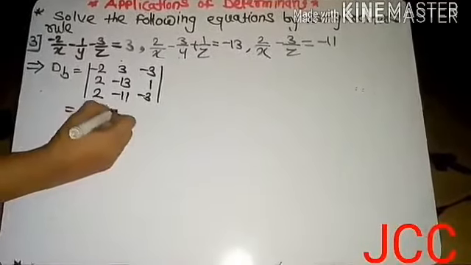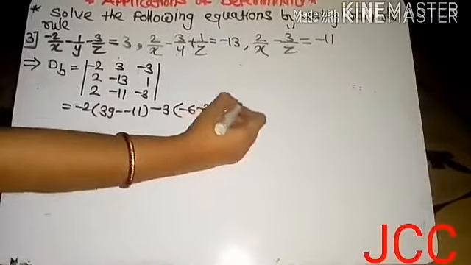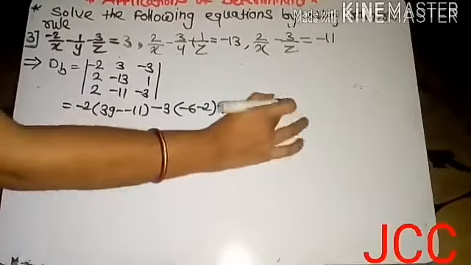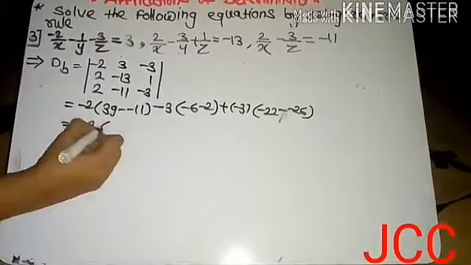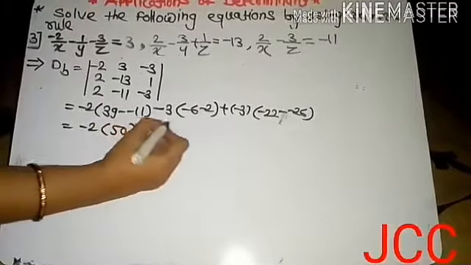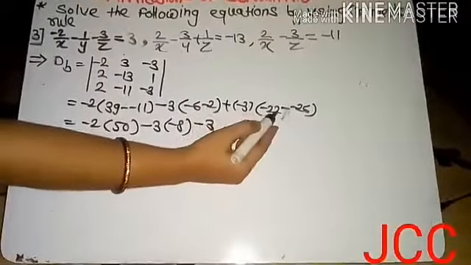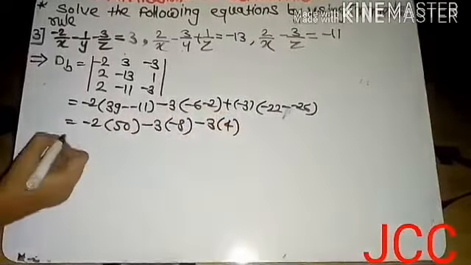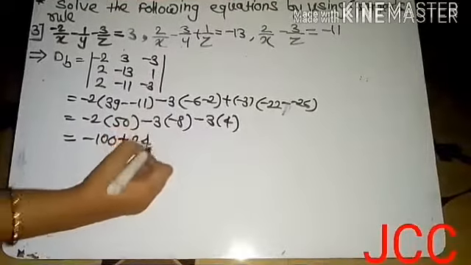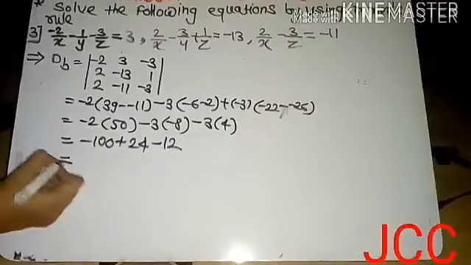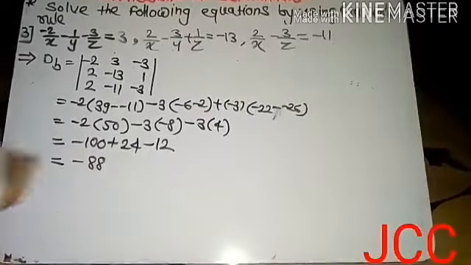Minus 2 (39 minus 11), minus 3 (minus 6 minus 2), plus minus 3 (minus 22 plus minus 26), minus 2 into minus 33, minus 2 plus, that is 50, minus 3 minus 8, minus 3, this one is plus minus 3 (minus 22 plus 26 means 4), that is equal to minus 100 plus 8 into 3, 24, minus 4 into 3, 12, and the answer is minus 100 plus 24 minus 12, is minus 88.